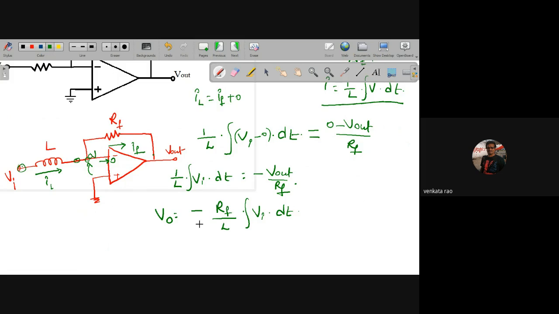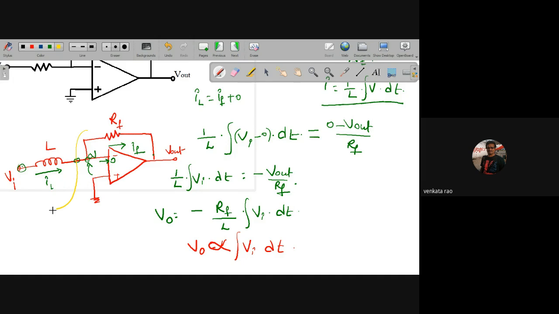All these are constants. Can I write from this that the output is directly proportional to the integral of Vi? Integrator. Because output is directly proportional to the integral of the input signal, that is the integrator.